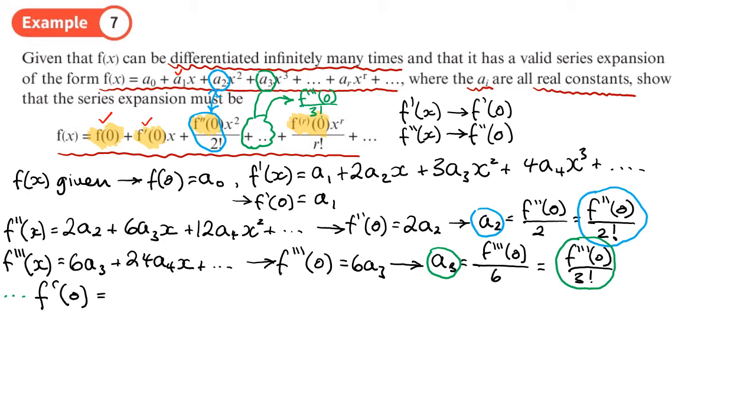So, looking at the pattern, I'll have the rth derivative, with 0 put in it, times x to the power of r over r factorial, and this is for r equals 0, 1, 2.